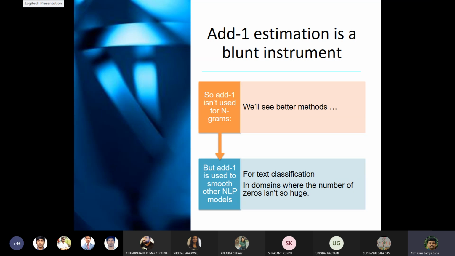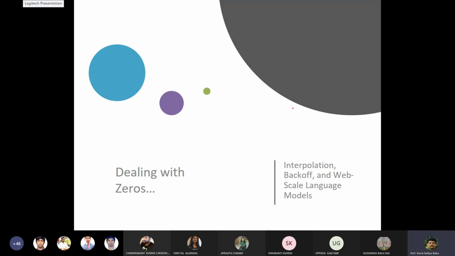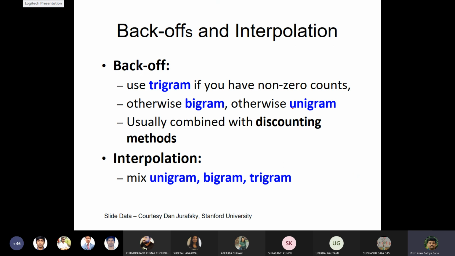Otherwise, we can go with other methods, such as interpolation, backoff, and web-scale language models. The backoff method is a very simple technique. First of all, you use a trigram if you have non-zero counts.